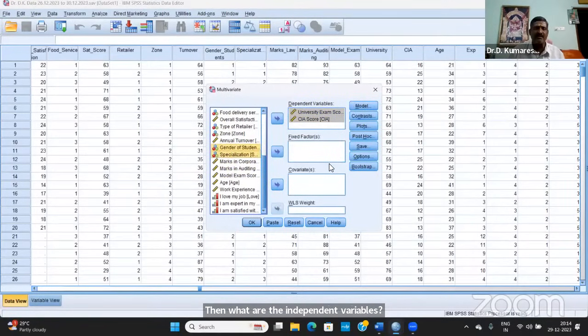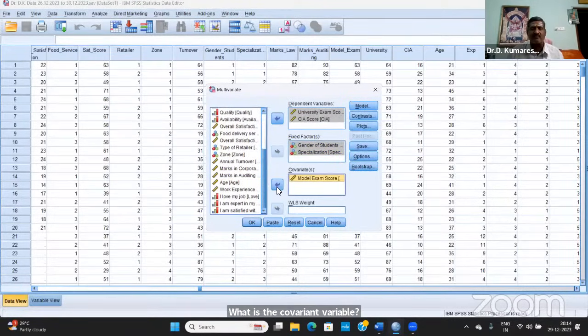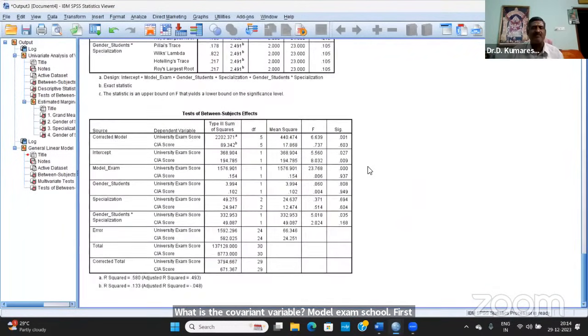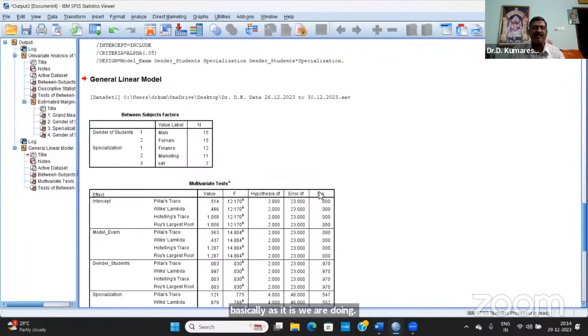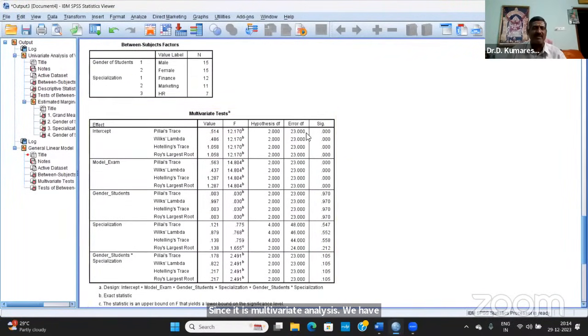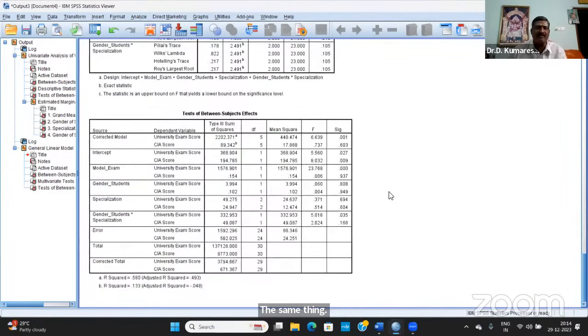Gender and specialization. What is the covariate variable? Model exam score. First, basically, as it is, we are doing. Yeah. Since it is multivariate analysis, we have these multivariate tests: Pillai's trace, Wilks' lambda, Hotelling's trace, Roy's largest root. Yesterday, we discussed the same thing. So, come to the result.